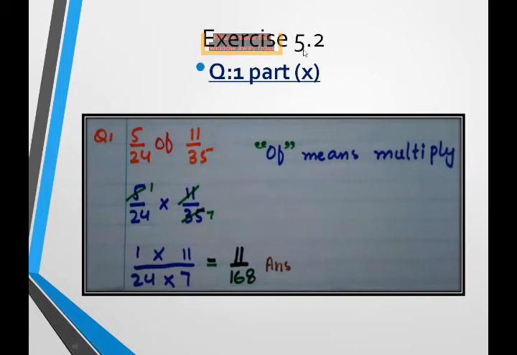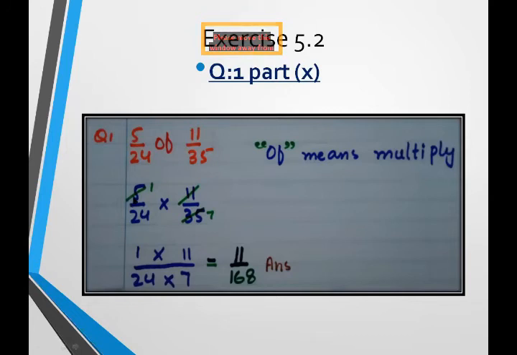So this is a very simple question of multiplication already in the form of common fractions. So what we have to do? Simply we have to multiply the fractions with each other. What is the very first step? First we have to multiply the numerator with the numerator and denominator with the denominator.